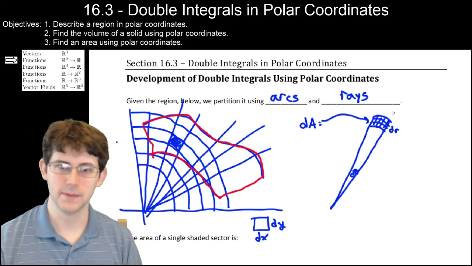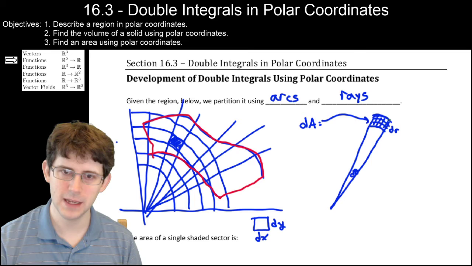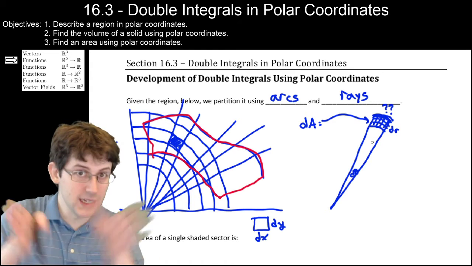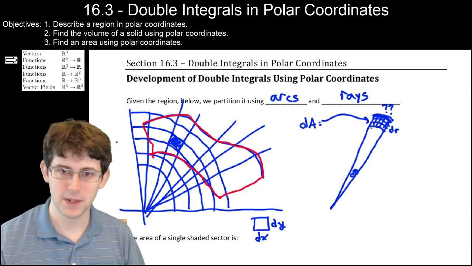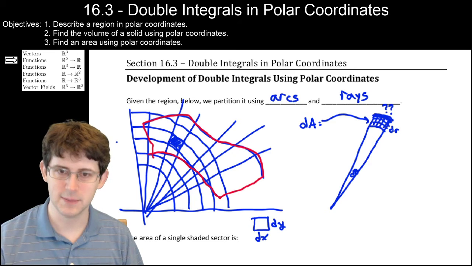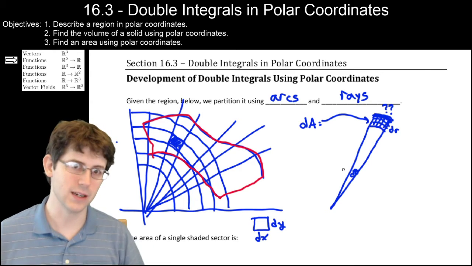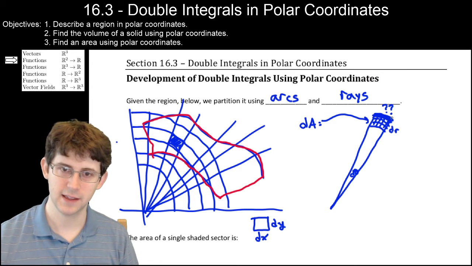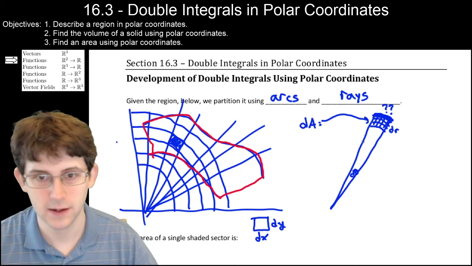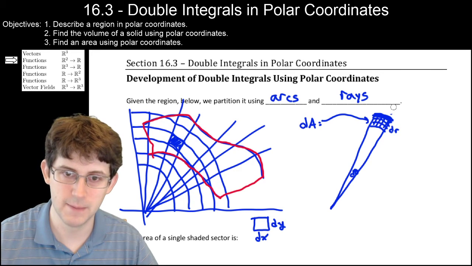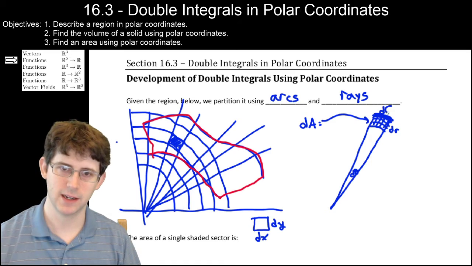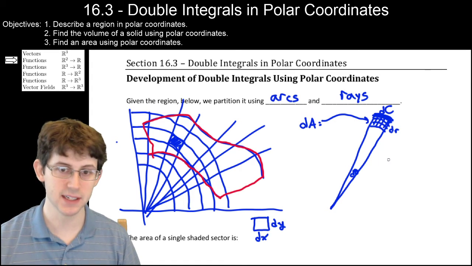Okay, well, what does it equal? So we need to figure out how long this is. If we could figure out how long this is, and we make really tiny slices, then I could multiply this length times dr, and I would have a pretty good approximation for what dA was. Okay, well, what is this? This is some fraction. Let's give it a name. I kind of want to call it dc because it's a little bit of the circumference.